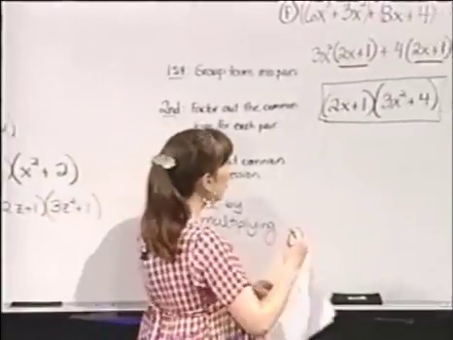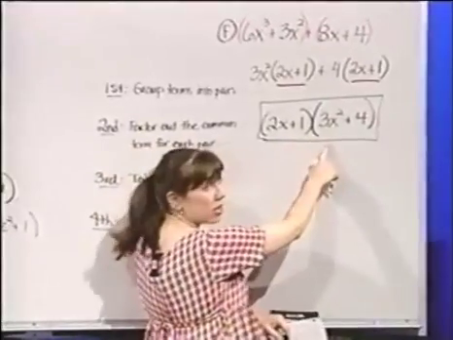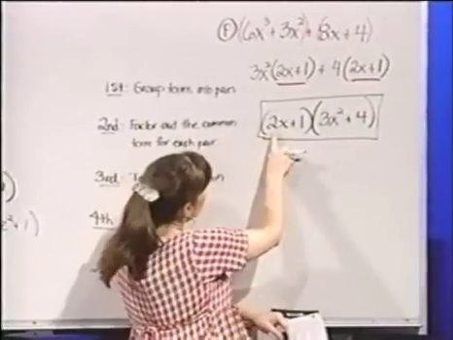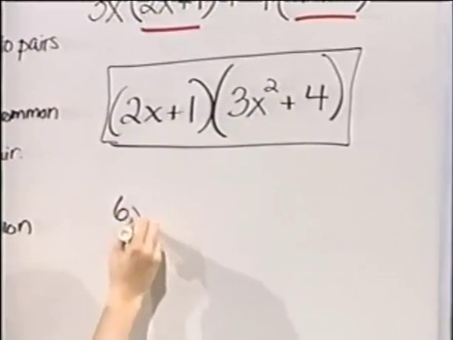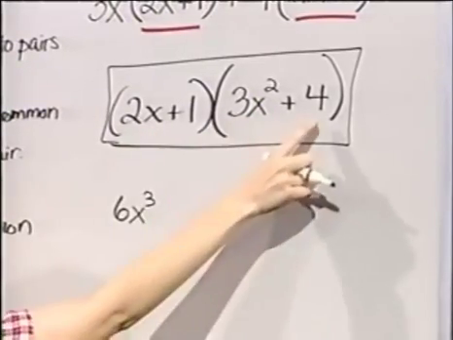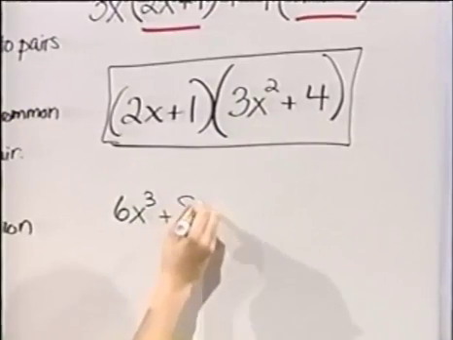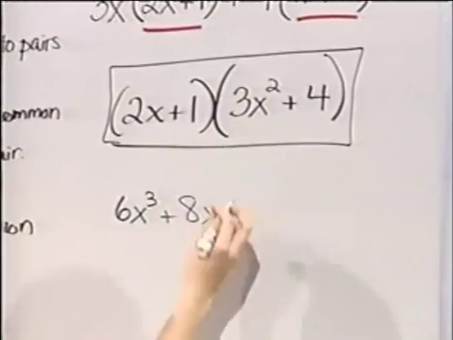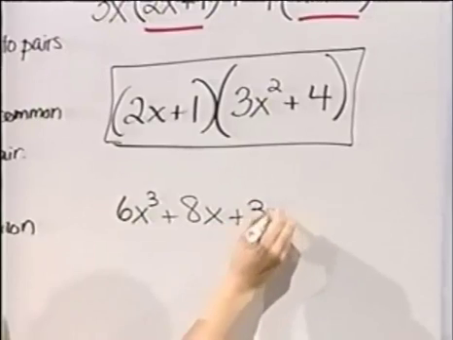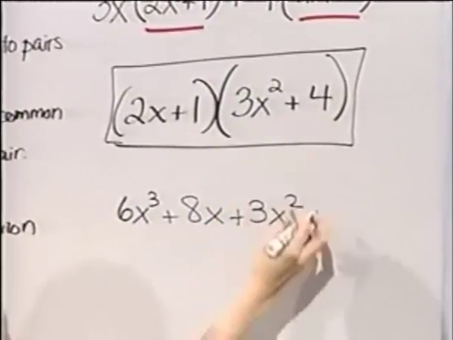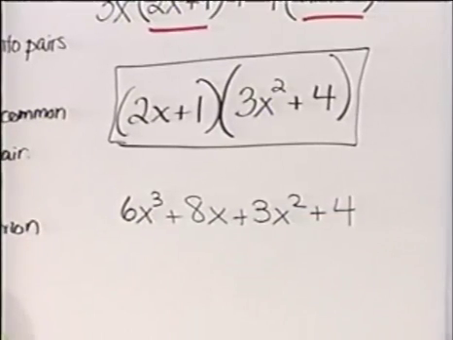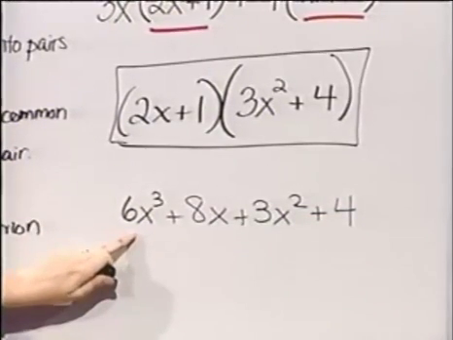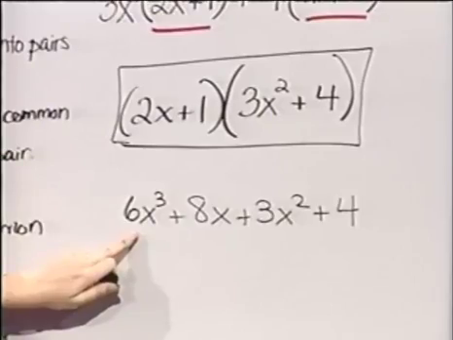So we'll do that. I'll go back to my answer here, and I'm going to check it. 2x times 3x squared is 6x cubed. 2x times 4 is 8x. 1 times 3x squared is 3x squared. 1 times 4 is 4. You should be able to check that. Compare that with the original polynomial we were trying to factor.